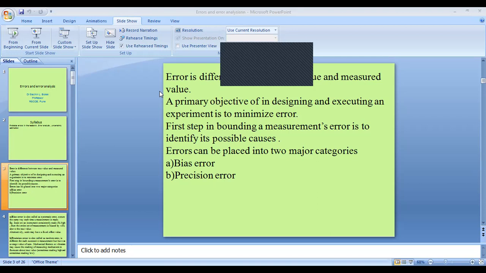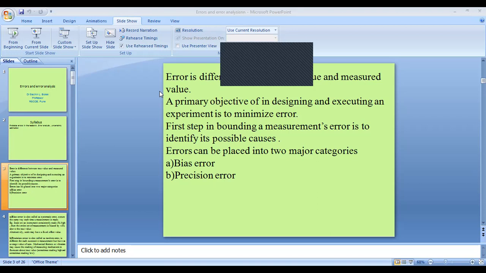What are the reasons for these precision errors? It may be friction, it may be vibration, it may be temperature changes.